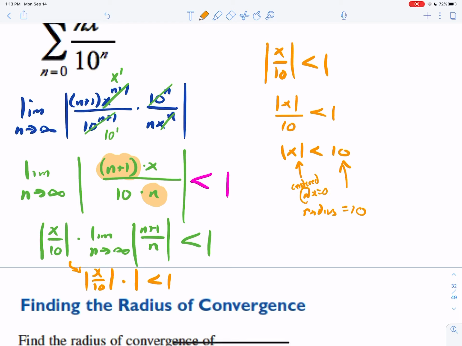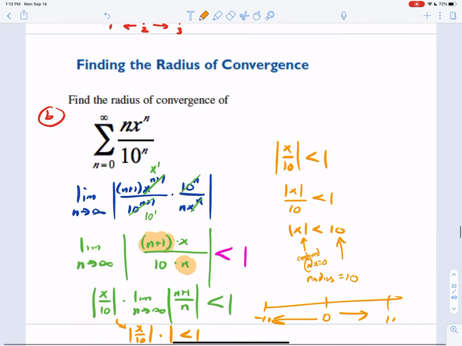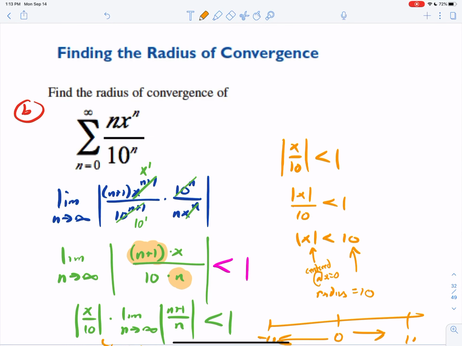Okay, so basically what's happening here, you guys, is I have an x value of 0, and I'm going to go out 10 units to the right and 10 units to the left. So pretty much if I use any x value in between negative 10 and 10, this series will always converge. And that's the general idea of it, okay? So you guys are learning how to find the radius of convergence, but what does it really mean?